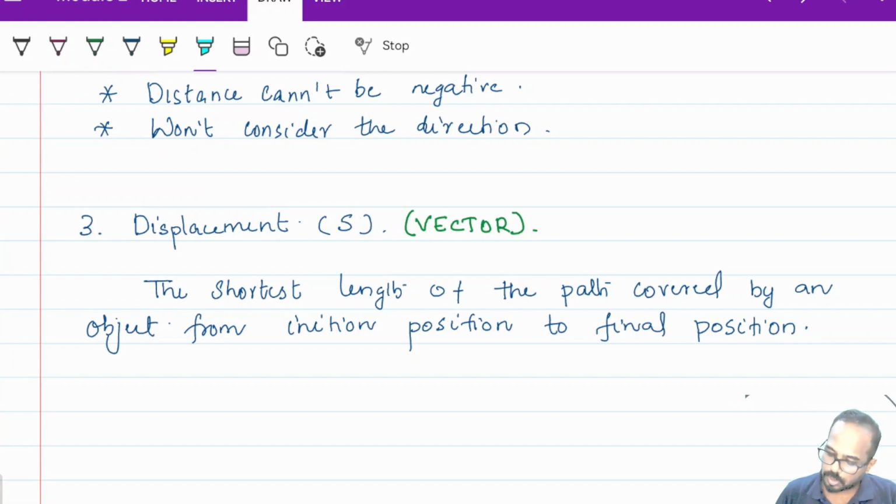So from initial to final position, you need to remember this one, initial position to final position. This will specify the direction.